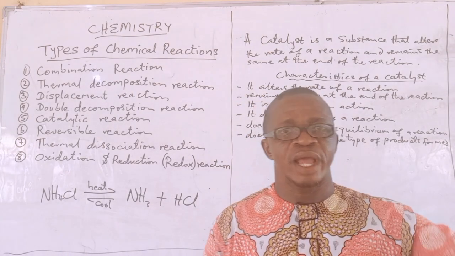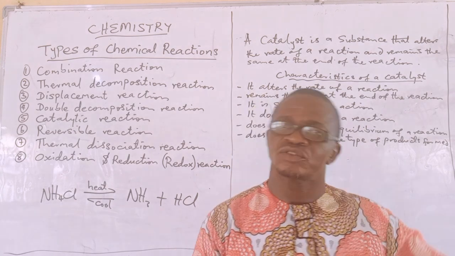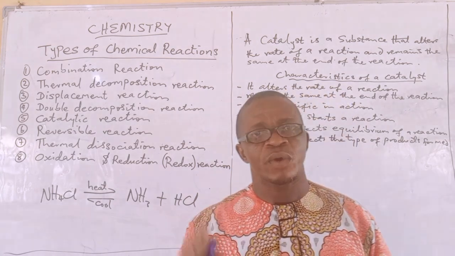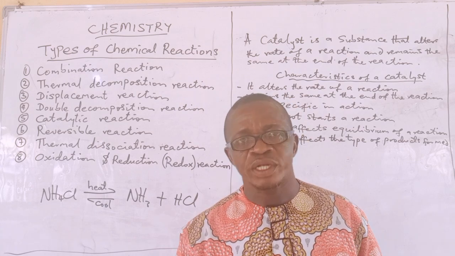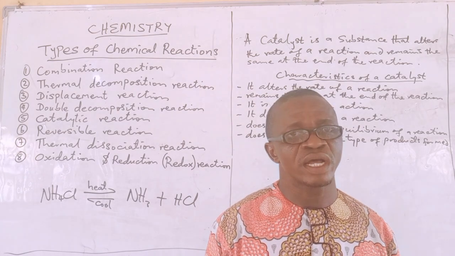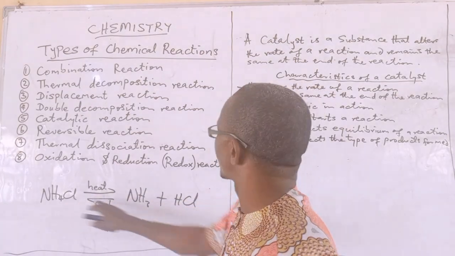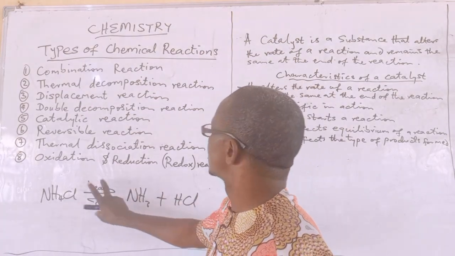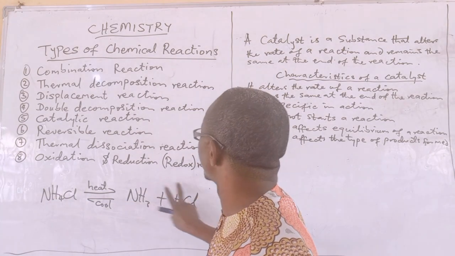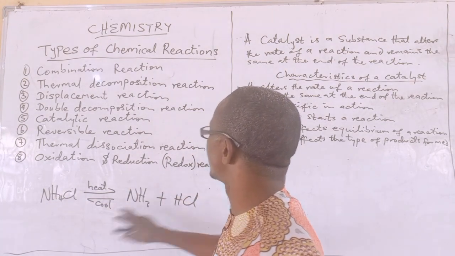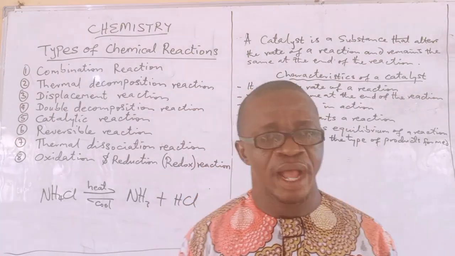One is facing right and one is facing left, meaning the product can recombine to go back to the reactant. Whereas in thermal decomposition, forward ever, backward never. So now here you can have this and this from dissociating this, and by cooling, you recombine them to get back your reactants.